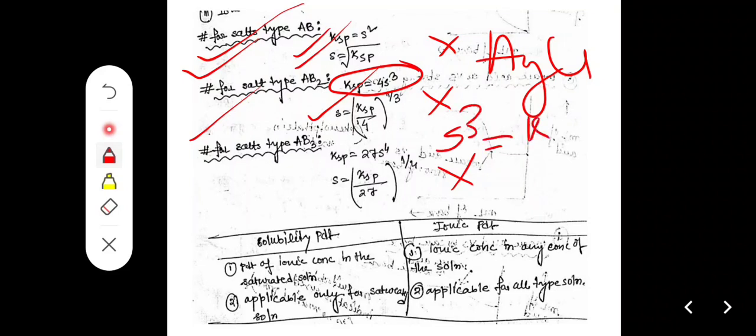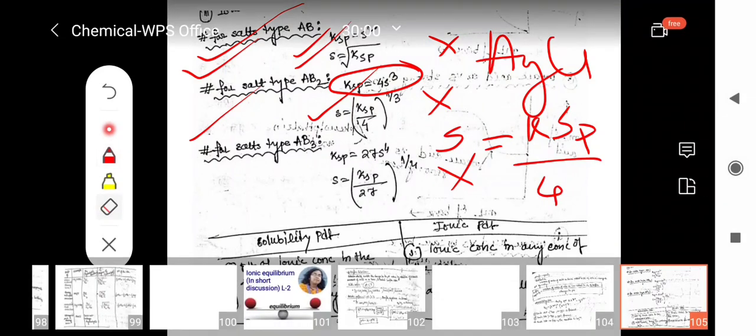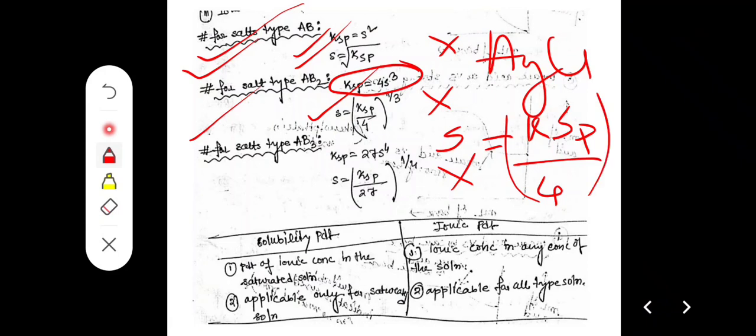That is Ksp by 4. And as it is a cube root, we can say whole to the power 1 by 3. We can say it this way.